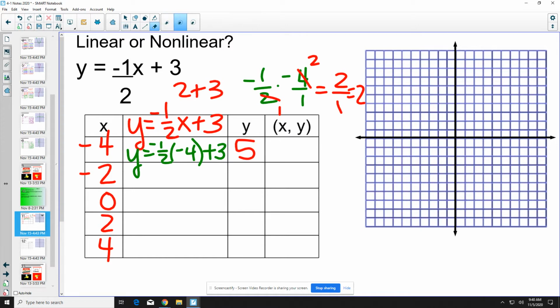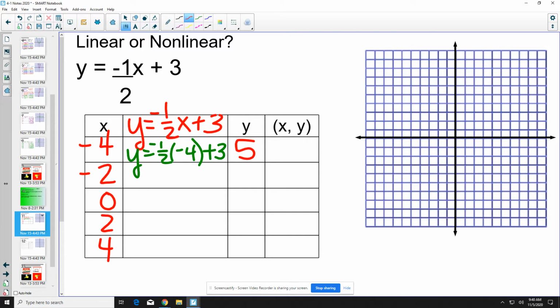All right, so let's look at our next one. When I put -2 in for x, right here on my table, I'll write down y equals -1/2 times -2 plus 3. -1/2 times -2. A negative times a negative is a positive. Half of 2 is 1.